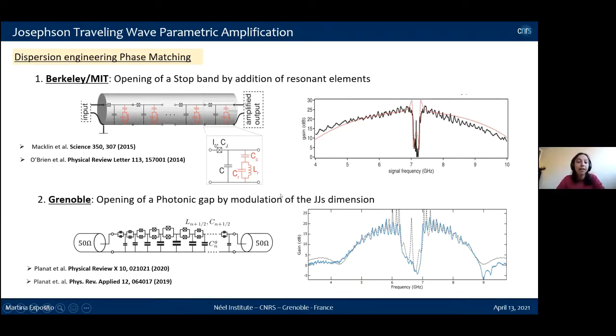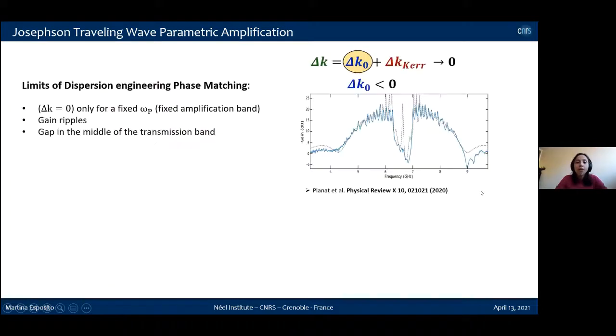So this is in fact great. Dispersion engineering works very well for achieving phase matching and for achieving high gain of the order of 20 dB in a large band. However, there are some things that we can still improve in this approach. For example, the limits of this dispersion engineering phase matching are that you achieve phase matching only for a fixed frequency, which is the frequency at which you open the gap in the dispersion relation.